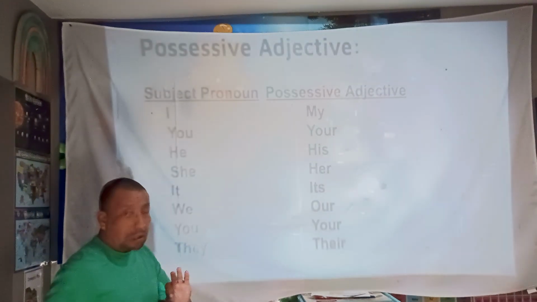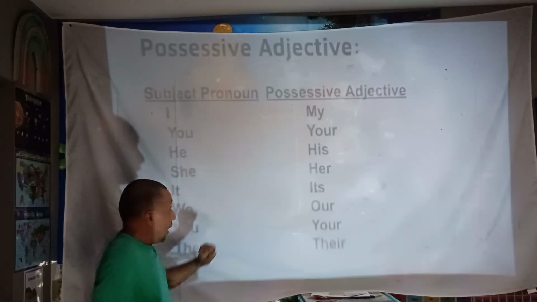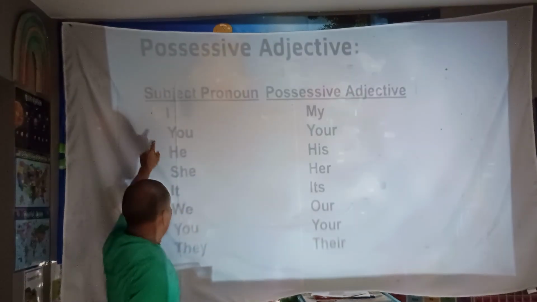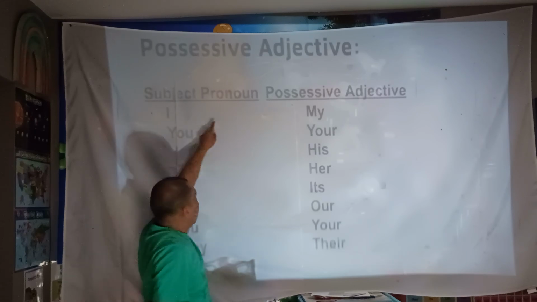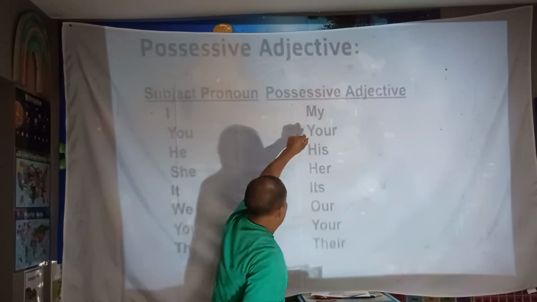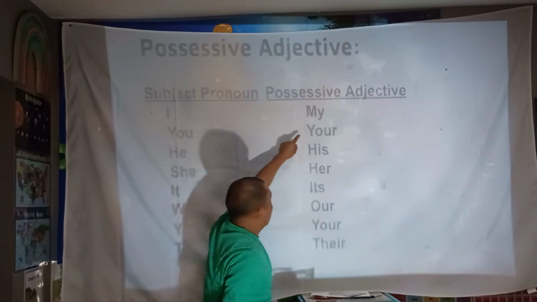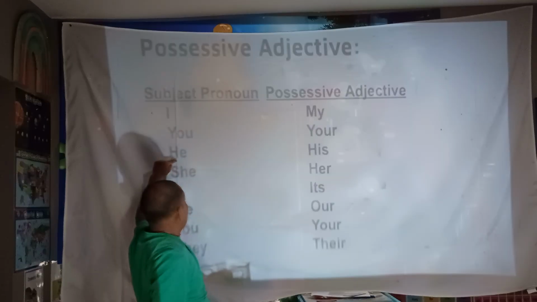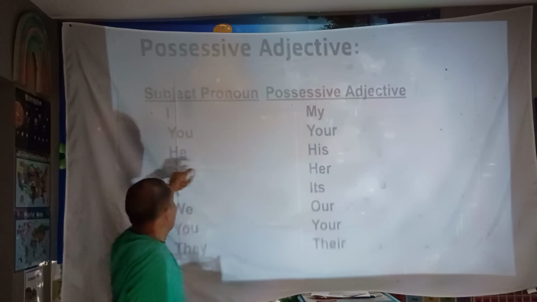But the most important is that you memorize the subject pronouns and then the possessive adjectives. The subject pronoun I, possessive adjective my. Subject pronoun you, possessive adjective your. Subject pronoun he, possessive adjective his.